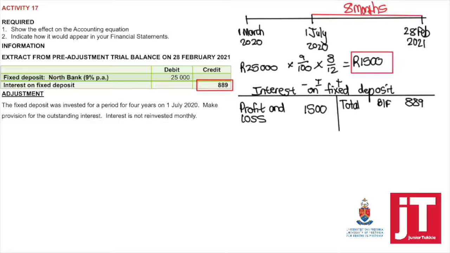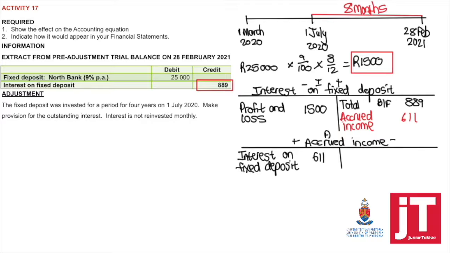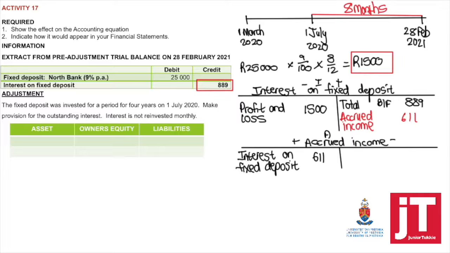Our total interest should be 1,500, so there's still outstanding 611, and that must be taken to accrued income. So account debited, accrued income, account credited, interest on fixed deposit. Effect on the accounting equation, assets plus 611, owner's equity plus 611.